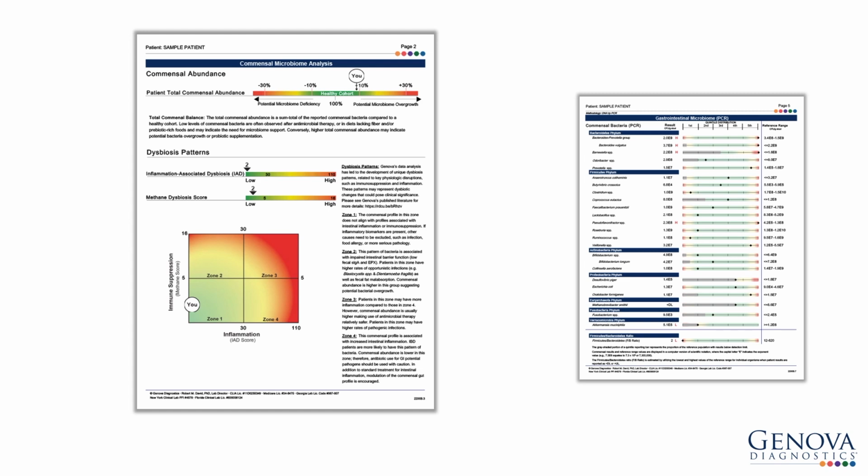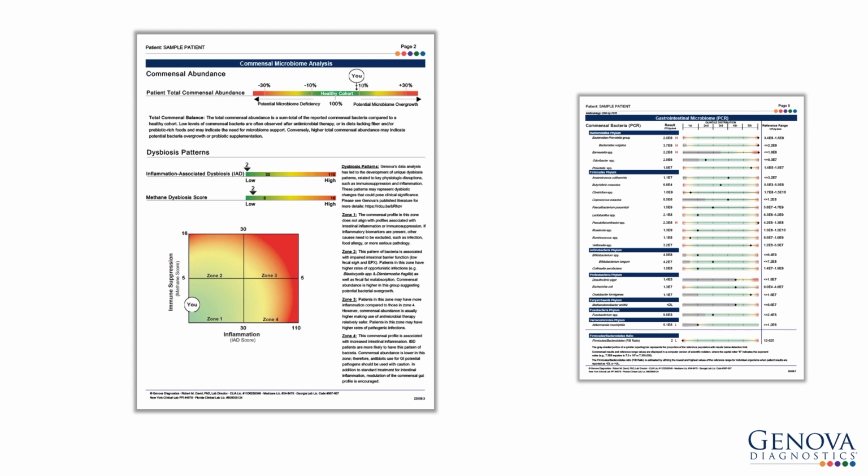The dysbiosis patterns include an inflammation-associated dysbiosis score and methane dysbiosis score, which are derived from proprietary algorithms that take into account the commensal bacteria patterns seen in conjunction with other biomarkers. Each zone has a different meaning clinically, and therefore support options may change.